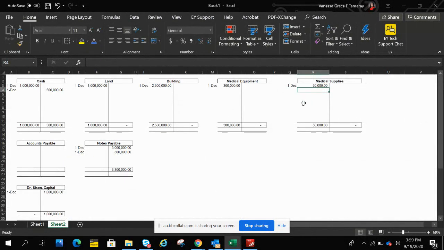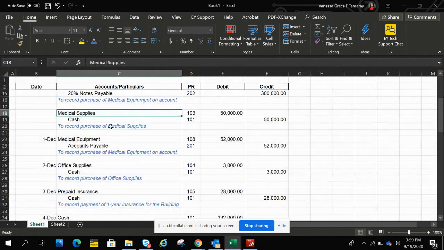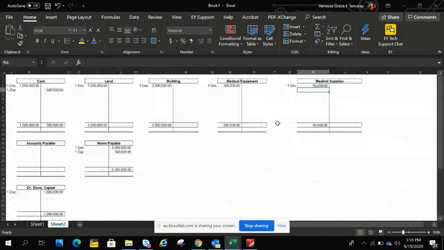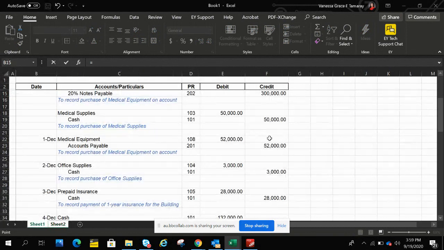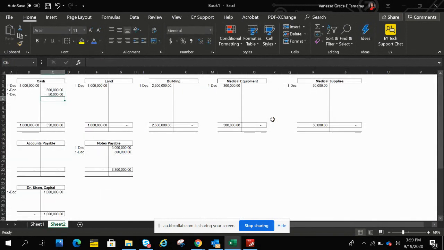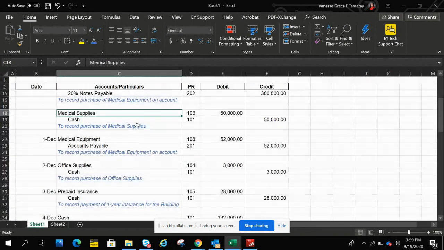And then, what's our credit? We credited cash. So, credit cash. December 1 pa rin. Credit cash, 50,000 pesos. And then, what's the next transaction?